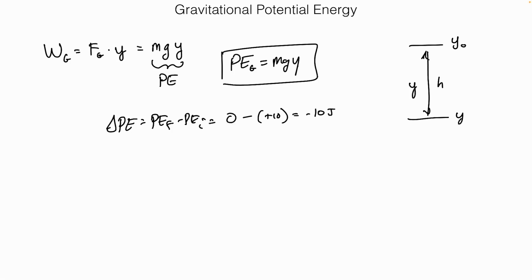What can we say about the potential energy? Did the ball gain or lose potential energy? It loses it, right? But what does it lose it to? Kinetic. It's transferring into kinetic. But the work that gravity did, positive or negative? It's positive work, we just said that. So that means that work is equal to the opposite of the change in potential energy. Work is equal to a positive change in kinetic energy.